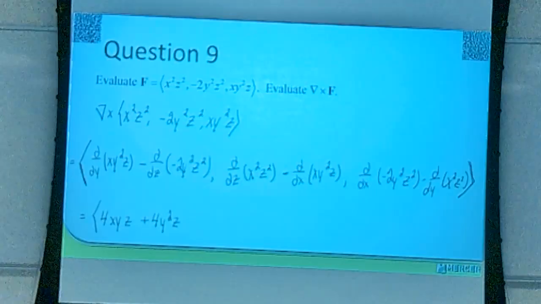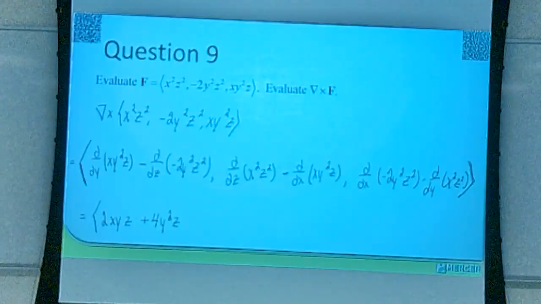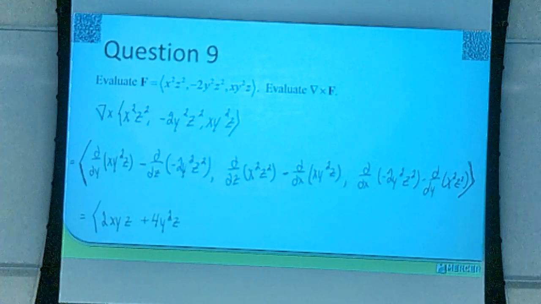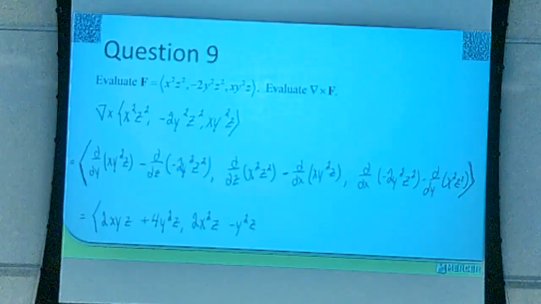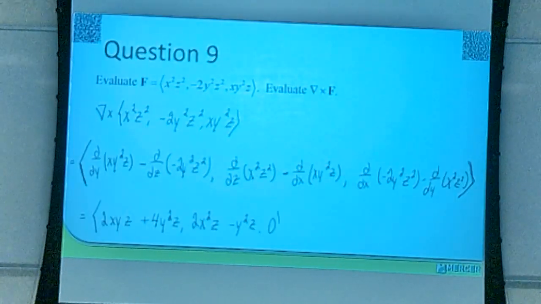Where did I get 4 from? It's supposed to be 2. I don't know where I got that 4 from. 2x squared z minus y squared z. And that last component is just 0, isn't it? There you go.